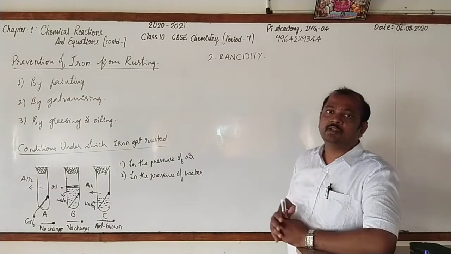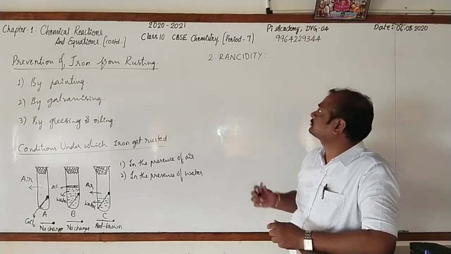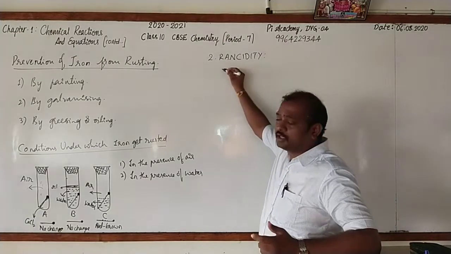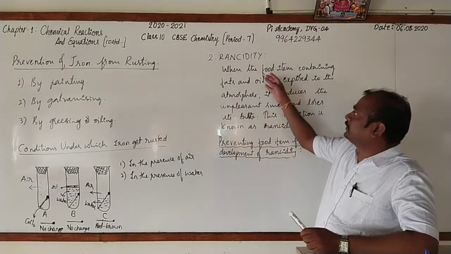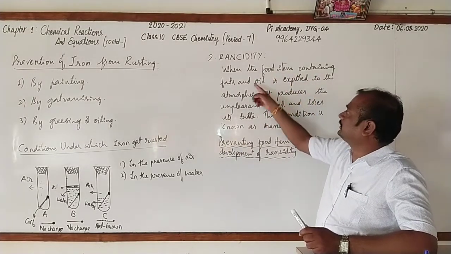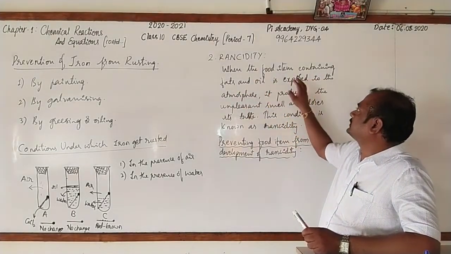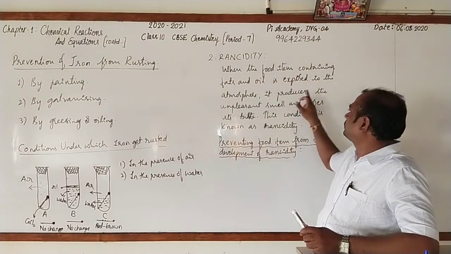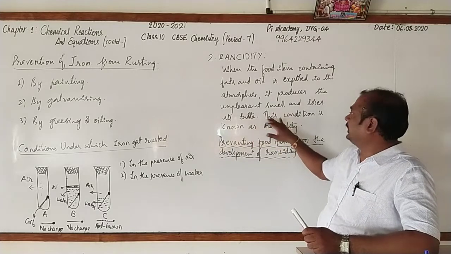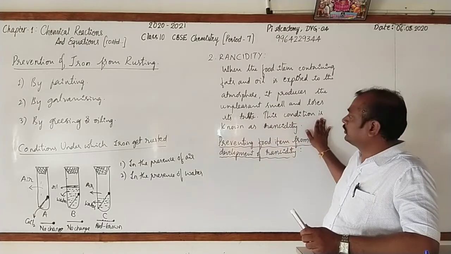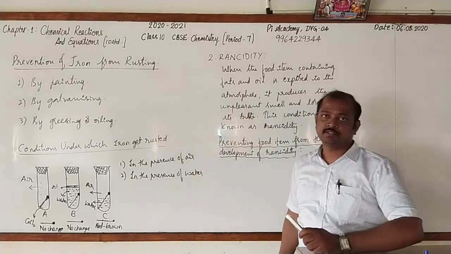We can define rancidity as: when a food item containing fats and oil is exposed to the atmosphere, it produces an unpleasant smell and loses its taste, and this condition of the food is known as rancidity.